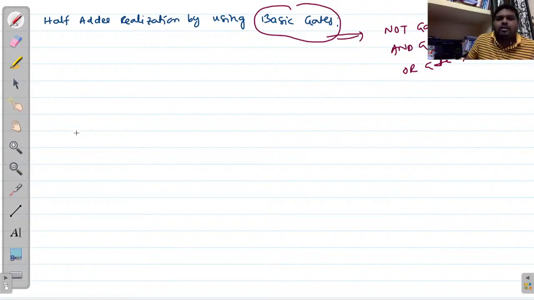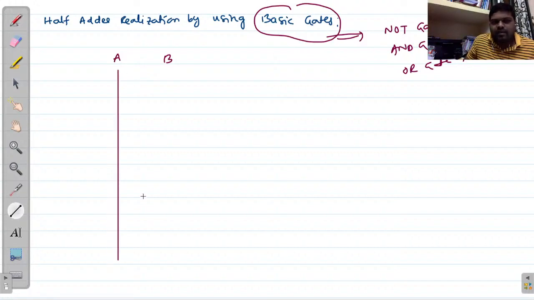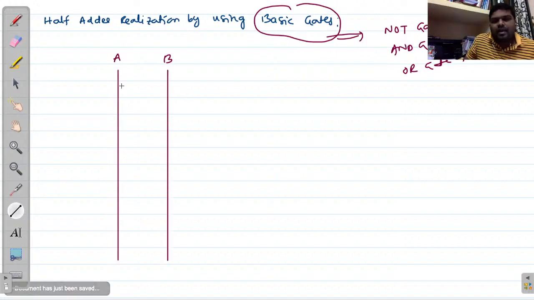So how do you implement it? First of all we have 2 variables, the A variable and the B variable. For these 2 variables you can consider inverted variables also.